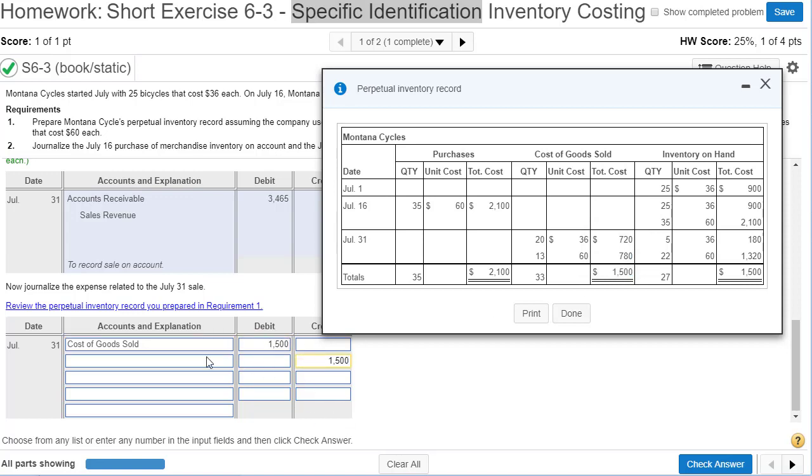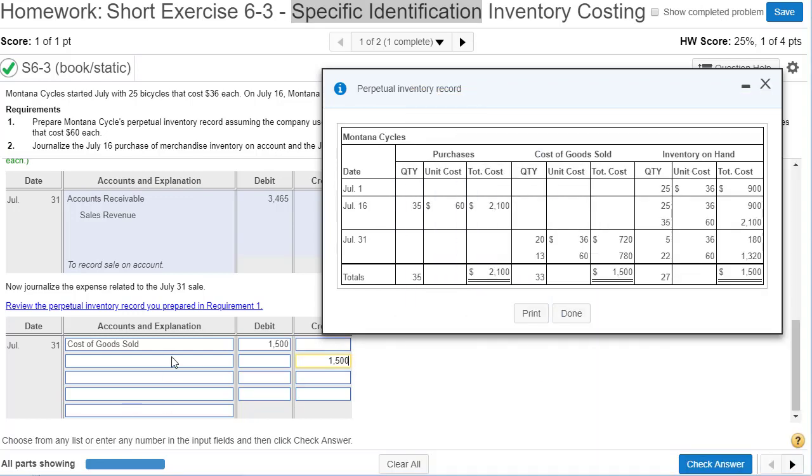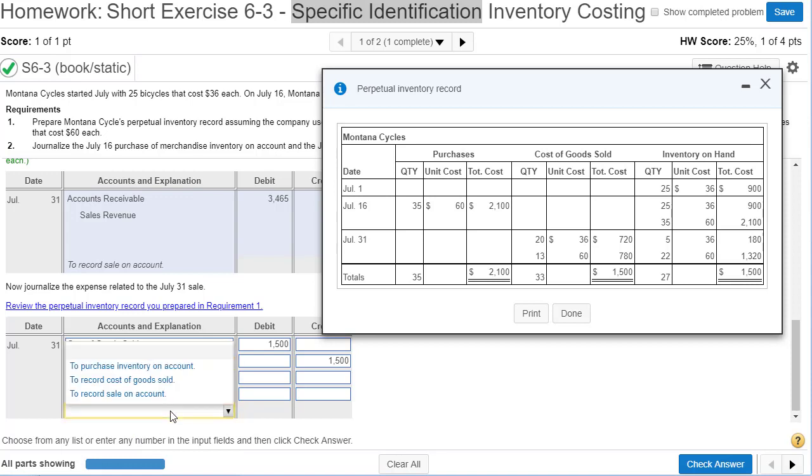Now, one last thing we have to adjust. What happens to inventory when we sell some of it? Inventory is going down. Inventory is an asset, so how do we make that inventory go down? We need to credit it. So inventory is going down, and then this is to record cost of goods sold.